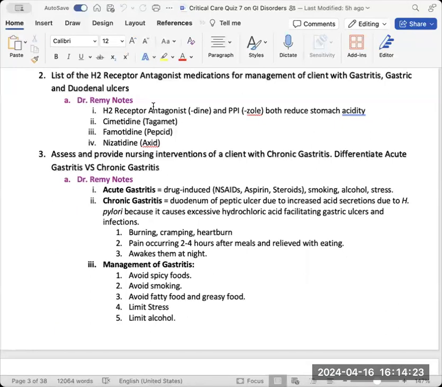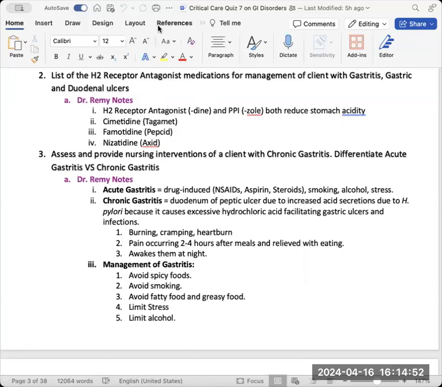But the next question is to list the histamine 2 receptor antagonists, or H2 blockers, medications for management of a client with gastritis and gastric and duodenal ulcers. So we already talked about the difference between those. But we know that regardless of what ulcer we're talking about, the ulcer is due to some sort of excessive gastric production, right?